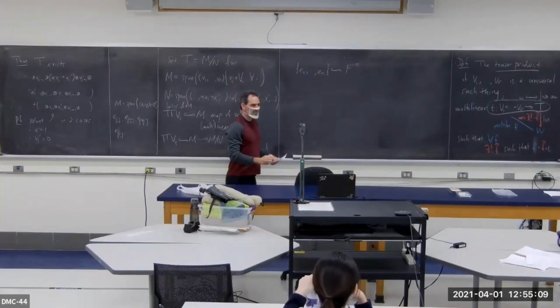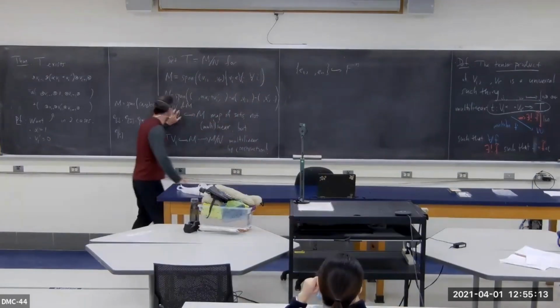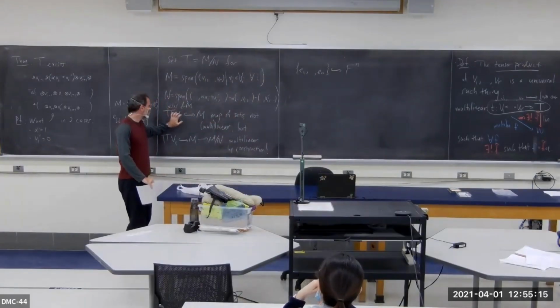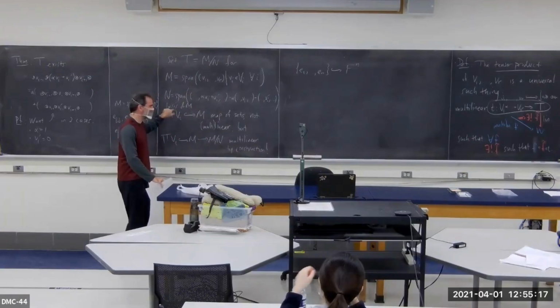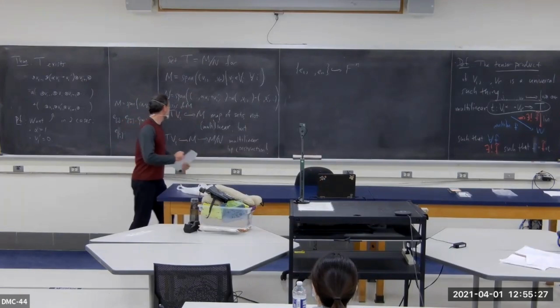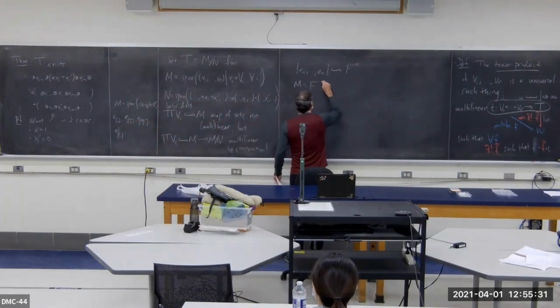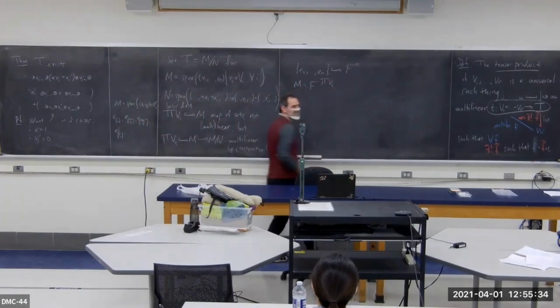Here the V_i are vector spaces, but that doesn't matter. This is a set, and M is a vector space whose basis is this set. The basis is a subset of M, but elements of M are linear combinations of these things. M is much bigger: M is equal to F to the product of the V.